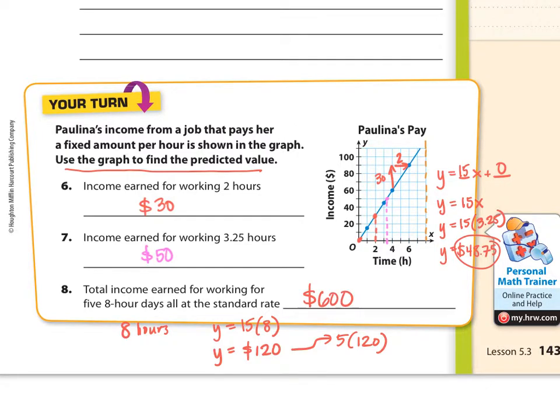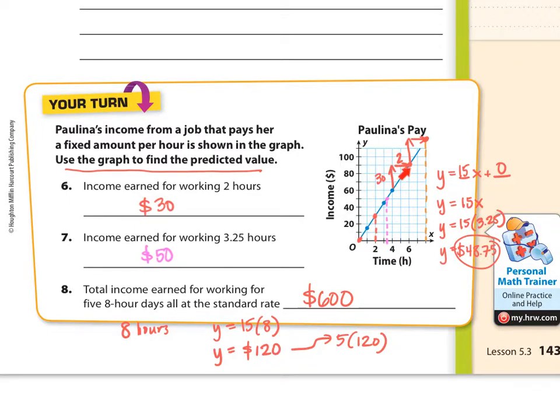Okay, so here is another way you can think about it. Go back up to the graph. From my last point, I could go up 30 again and over 2, and that will bring me to the point that I want for 8 hours. This is from $90. Sorry, it's hard for you to see.